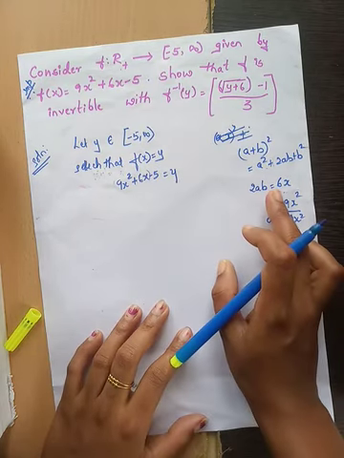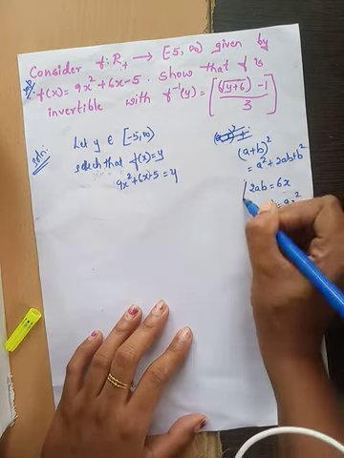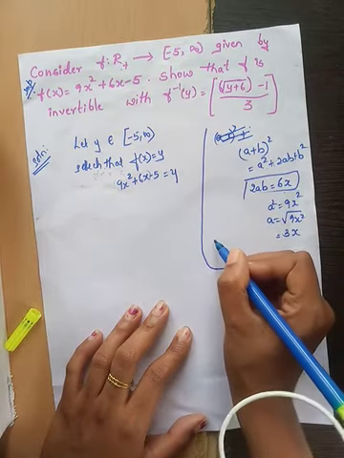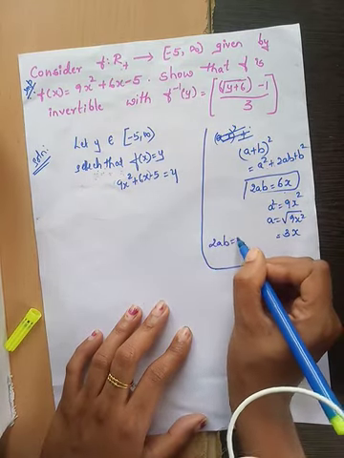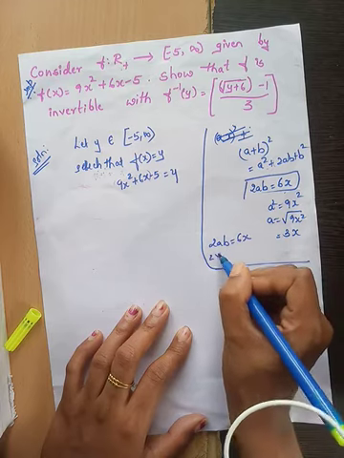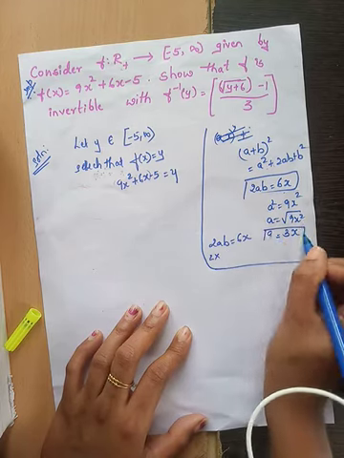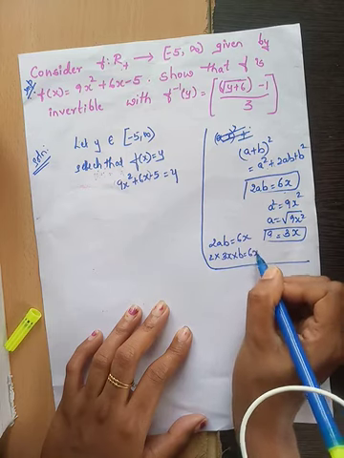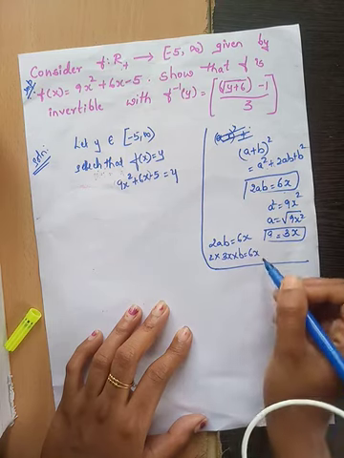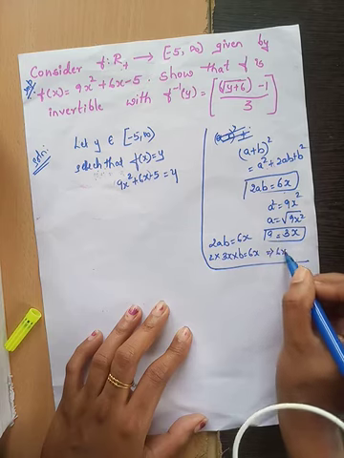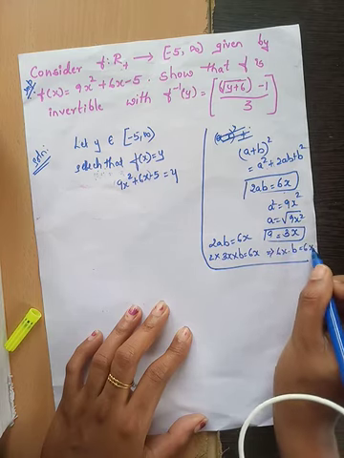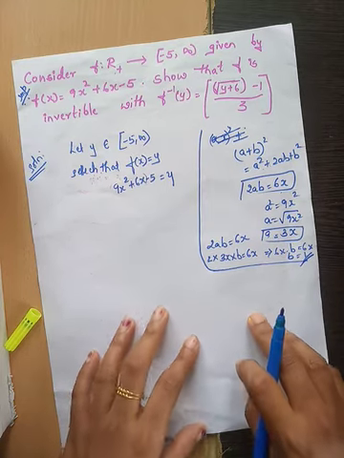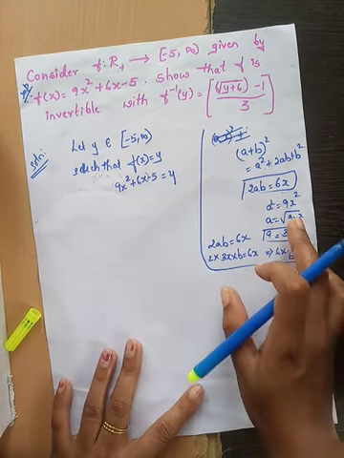So if you substitute the value of a into this particular 2ab, then we will get the value of b. So 2ab is equal to 6x, write as it is. Now we know the value of a, so 2 into 3x into b is equal to 6x. That means 2 into 3x is 6x, 6x into b is equal to 6x, which means b is equal to 1. So we know the value of b, we know the value of a.